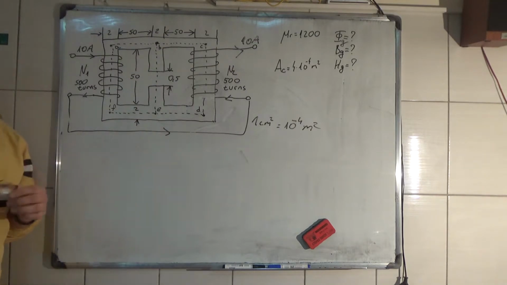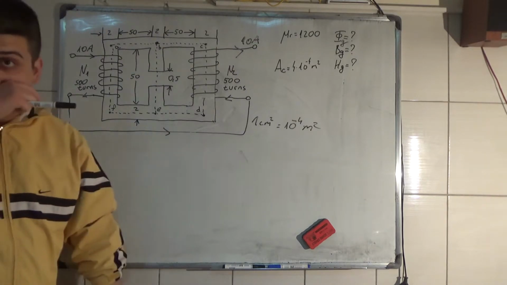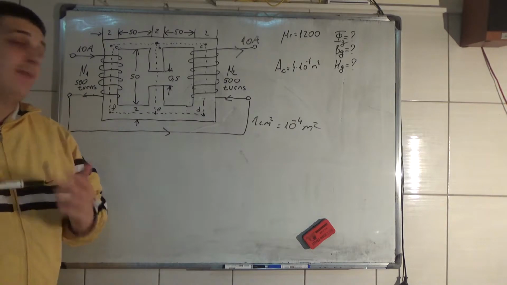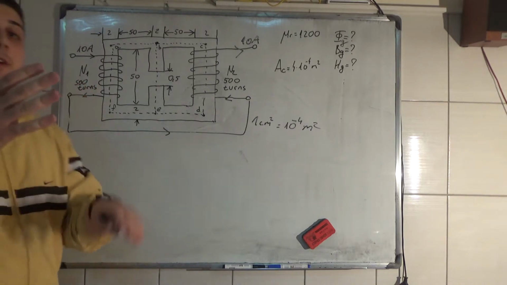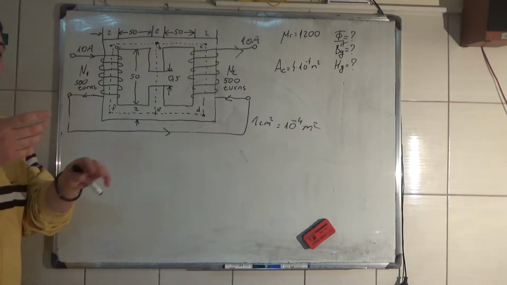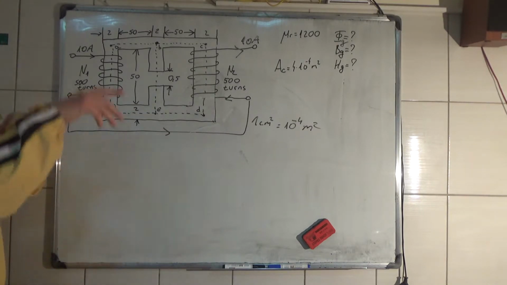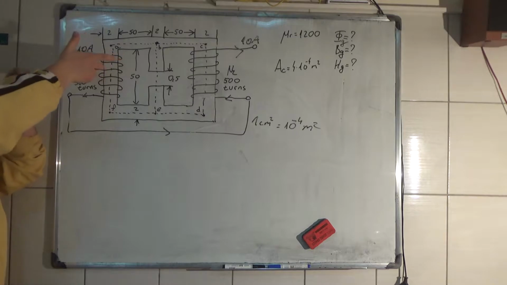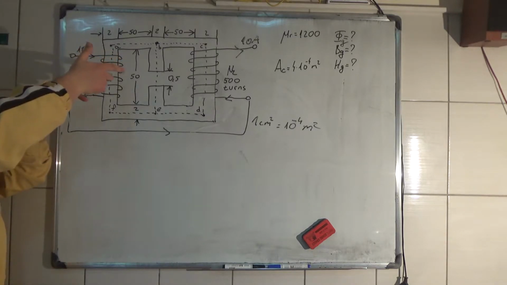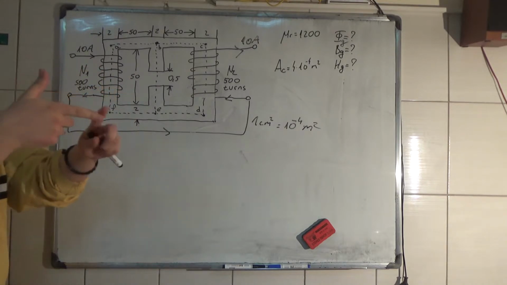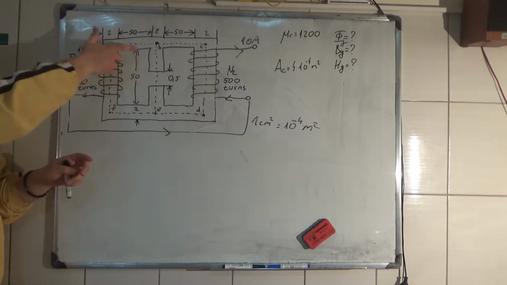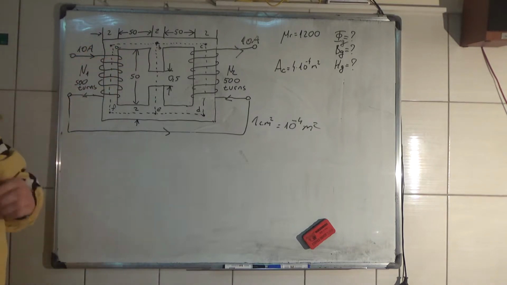So what are the directions of the fluxes? Well, if you have a coil, these four fingers show the direction of the current, and this right thumb, perpendicular to the fingers, shows the flux direction.